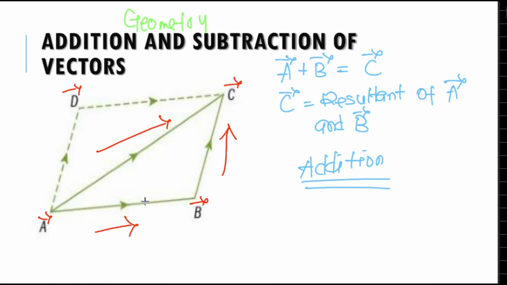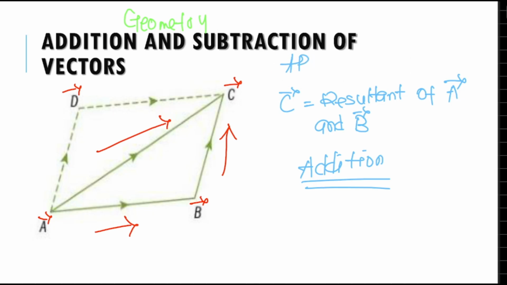So you follow the direction. When the directions follow each other, you add. But when the direction goes in the opposite direction, we're going to subtract. Let me write it very well because we have two dimensions.